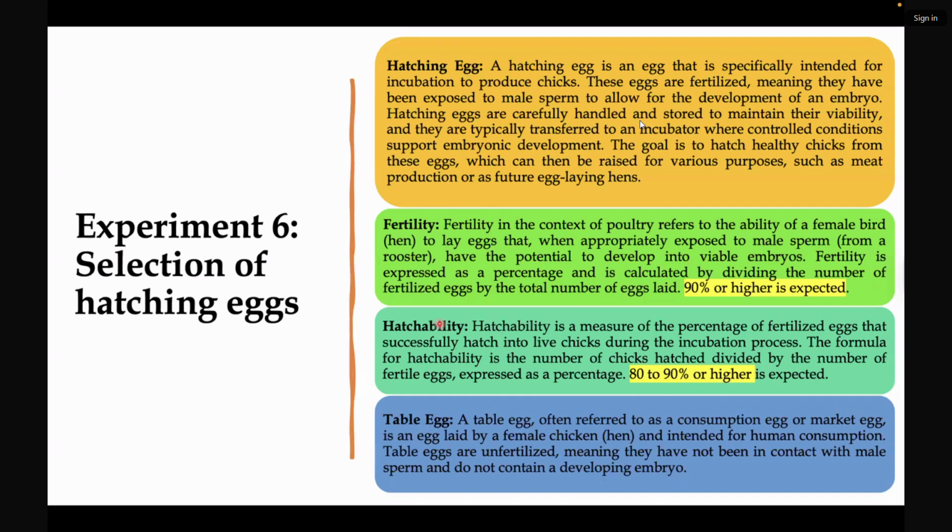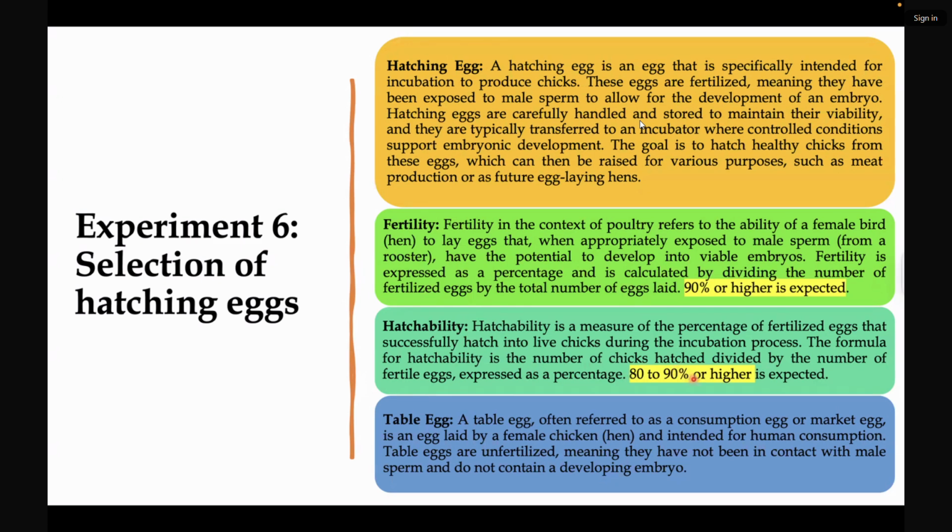One is that we can calculate out of the total eggs, যতগুলো ডিম এসেছিল তার মধ্যে কত পার্সেন্ট ফুটেছে, that is one. Another one is out of the fertile eggs, সেখান থেকে কত পার্সেন্ট বাচ্চা ফুটেছে, that is another measurement of hatchability.